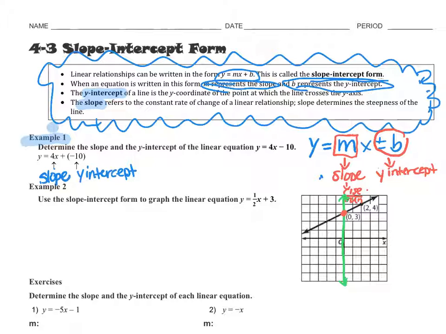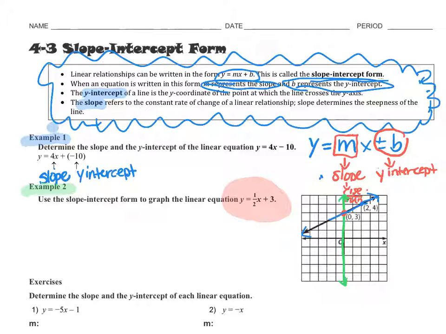Example 2 says use the slope-intercept form to graph the equation. I already started talking about this a little bit. This equation graphed is this line right here. Now we're going to talk about how they graphed it specifically.